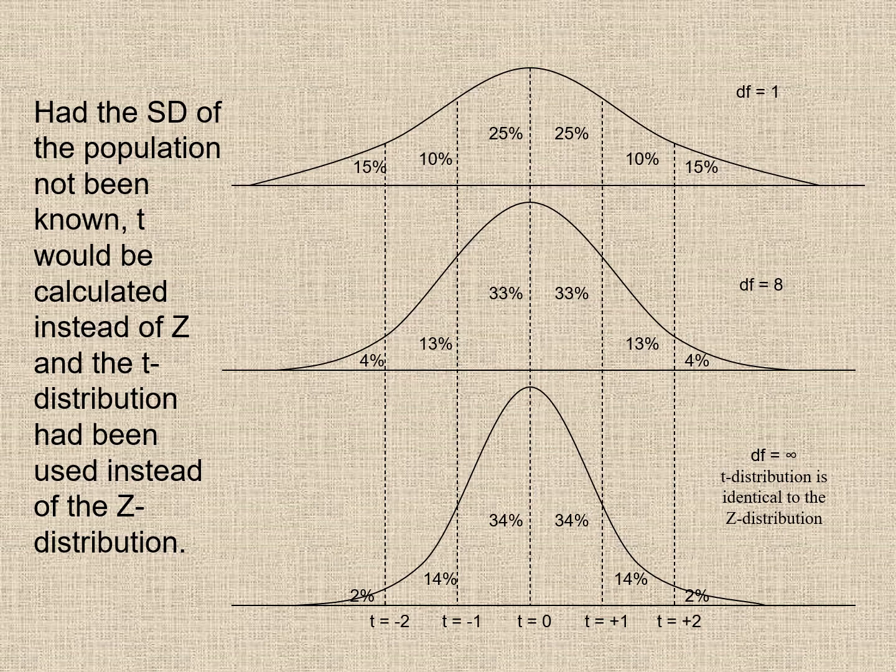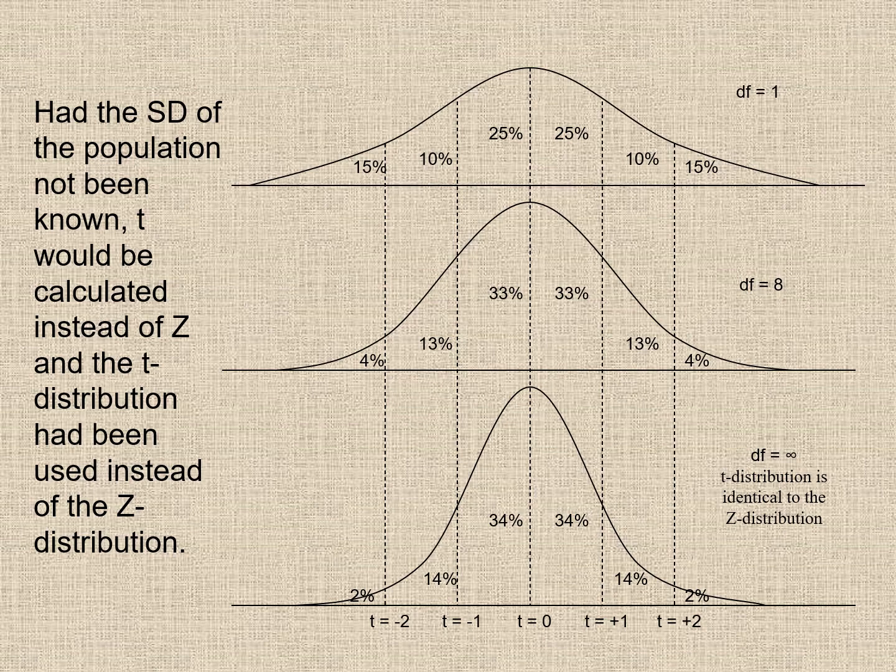And as there are z-distributions, there are also distributions of t-values, t-distributions. However, while there is only one z-distribution, there are a numerous amount of t-distributions, one for each degree of freedom, as it's called. And what is degrees of freedom?